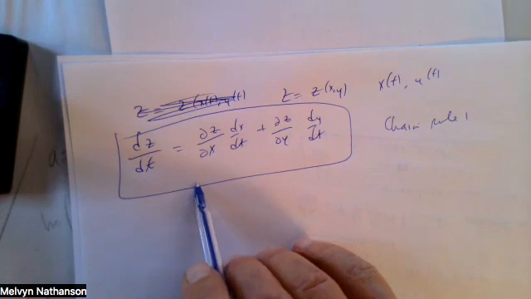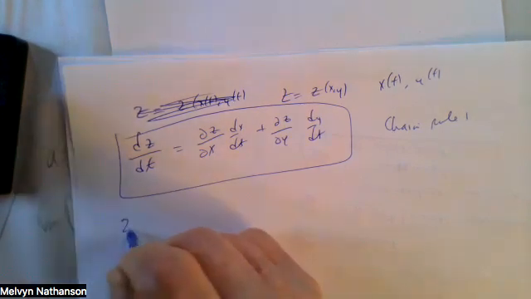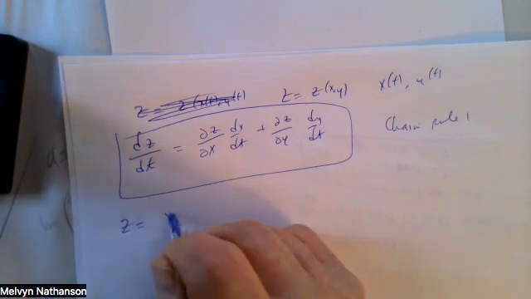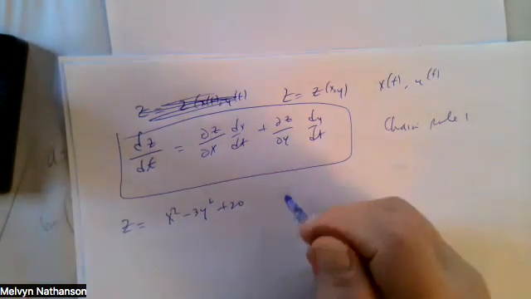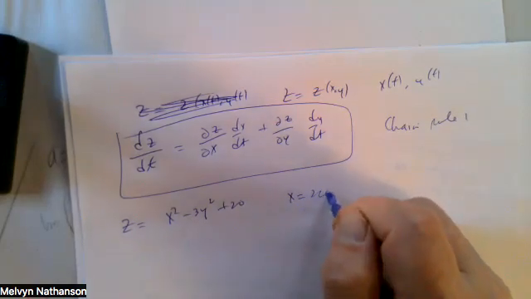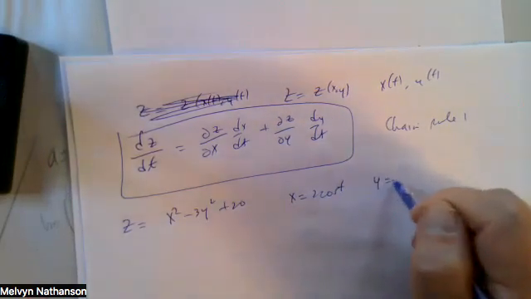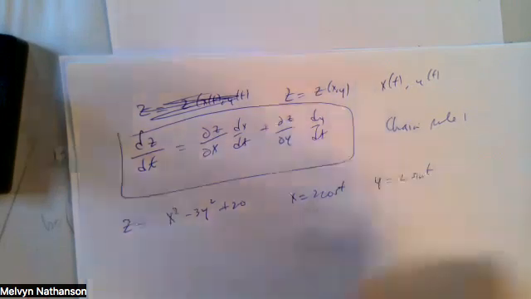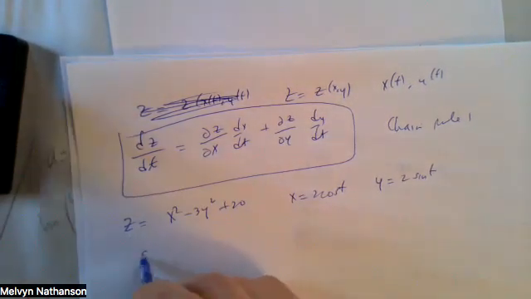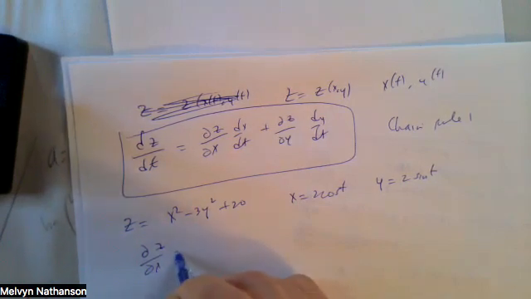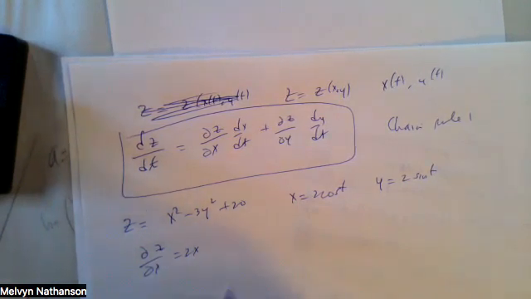So let's see what this formula tells us in the example that we just had. In the example we just had, z was x squared minus 3y squared plus 20. X is 2 cosine t, and y is 2 sine t. So this is z. The partial of z with respect to x is 2x.